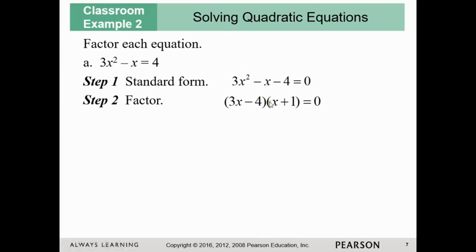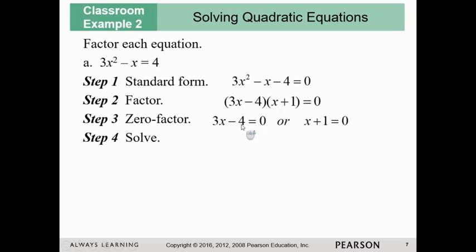Now that we've got it factored, what we do is take each factor, using the zero factor property, set each factor equal to 0, and then solve the corresponding two equations. On the left, we would add 4. On the right, we would subtract 1, so we get x equals -1.